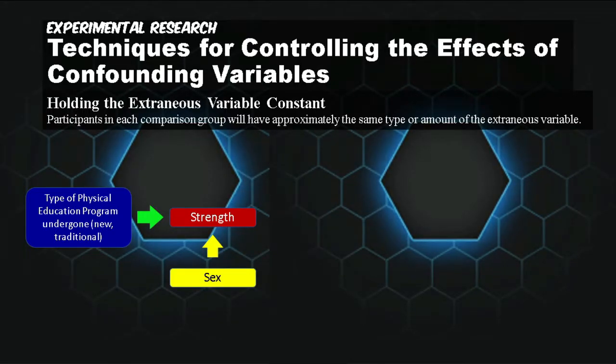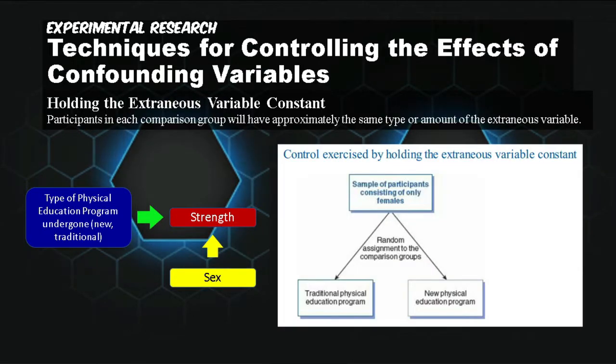The identified extraneous variable here is sex. Now, to control for the effect of this extraneous variable, we can make it constant. So instead of involving female and male people in your experiment, we can actually consider females only or males only.